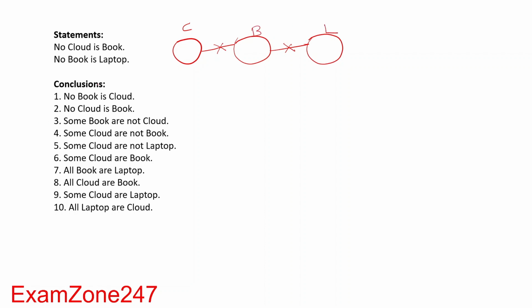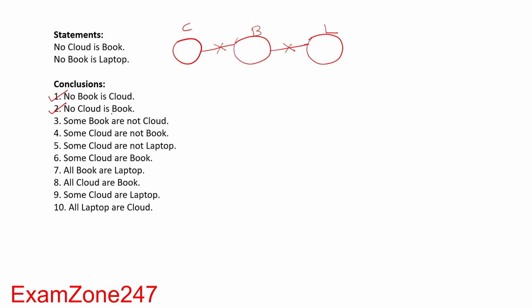As we can see, there is no relation and we have to proceed accordingly. They are saying no book is cloud. True, there is no relation. No cloud is book. This is also right. Some books are not cloud. Yes, there are books which are not cloud.